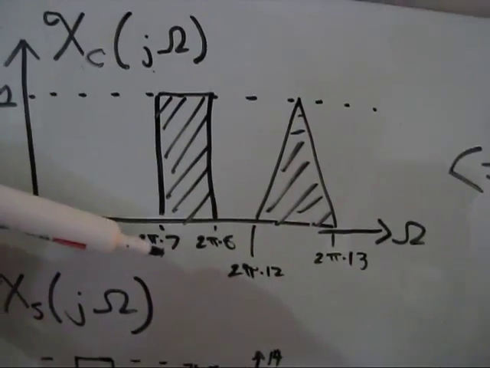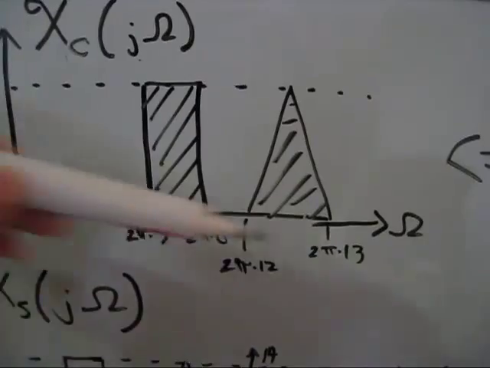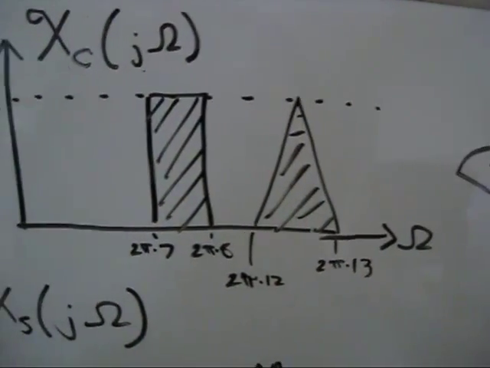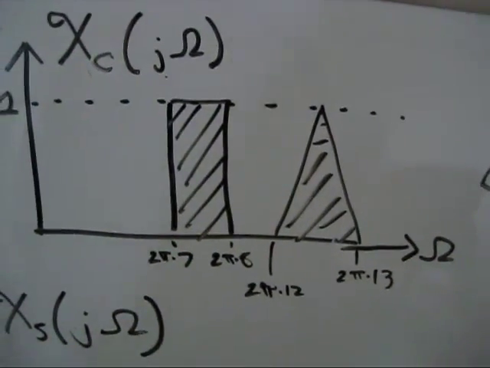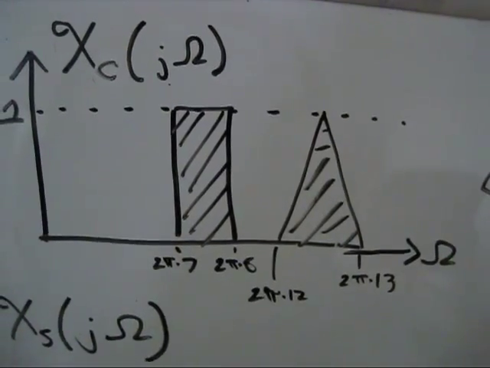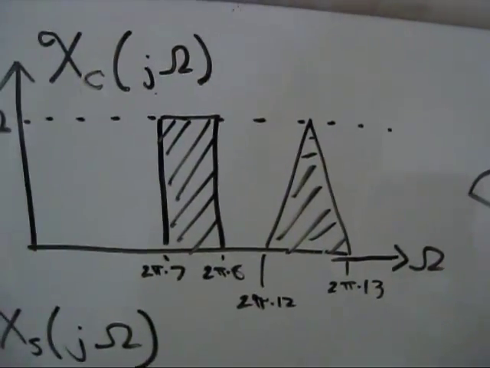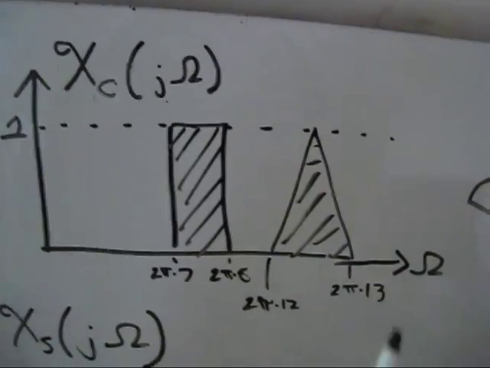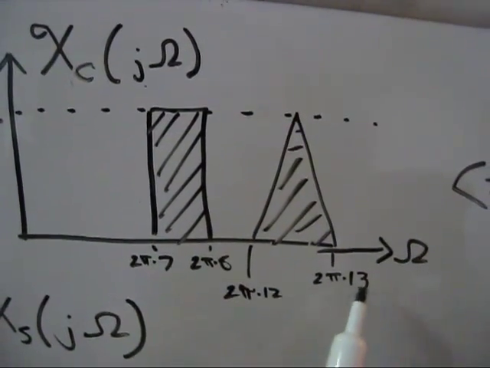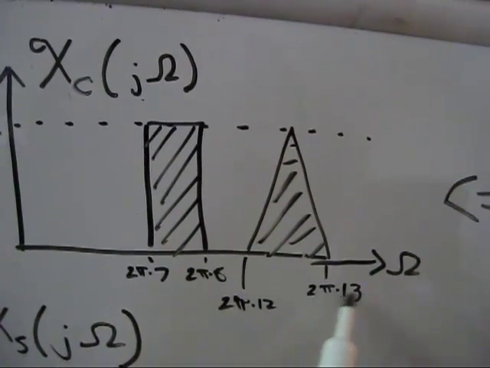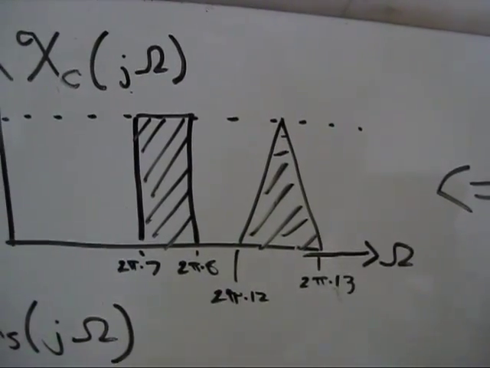So let's say we have something between 7 hertz and 13 hertz. Normally, if you were to follow what most people would say, you would need to sample this at 13 times 2 hertz, or 26 hertz at a minimum.